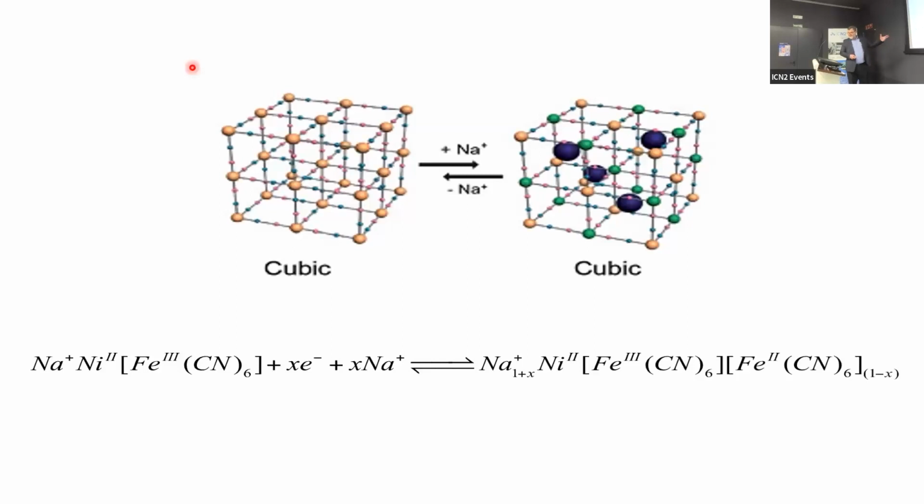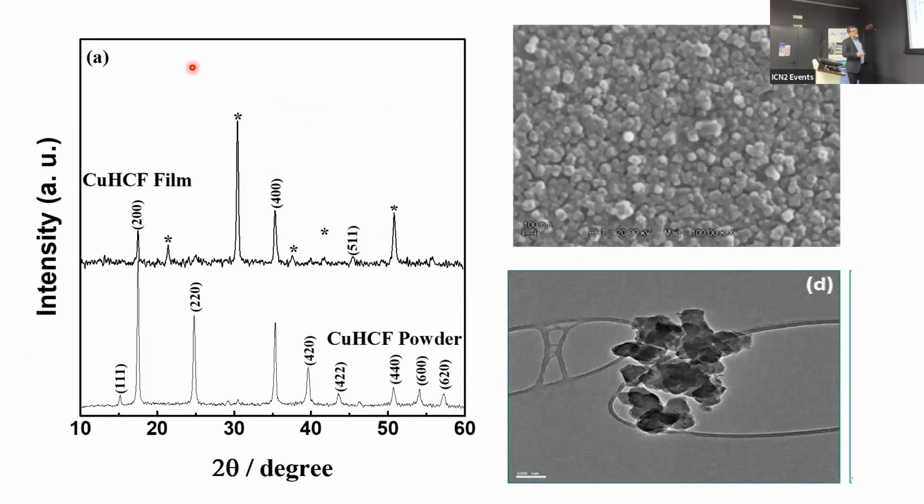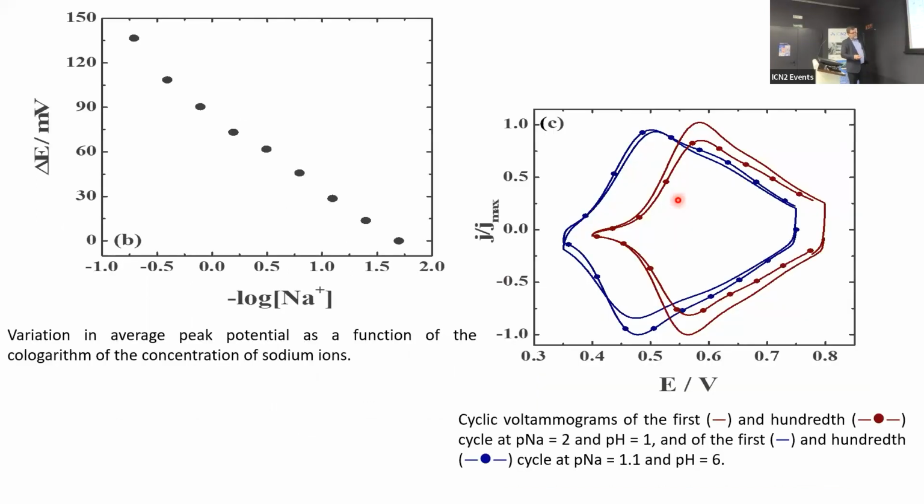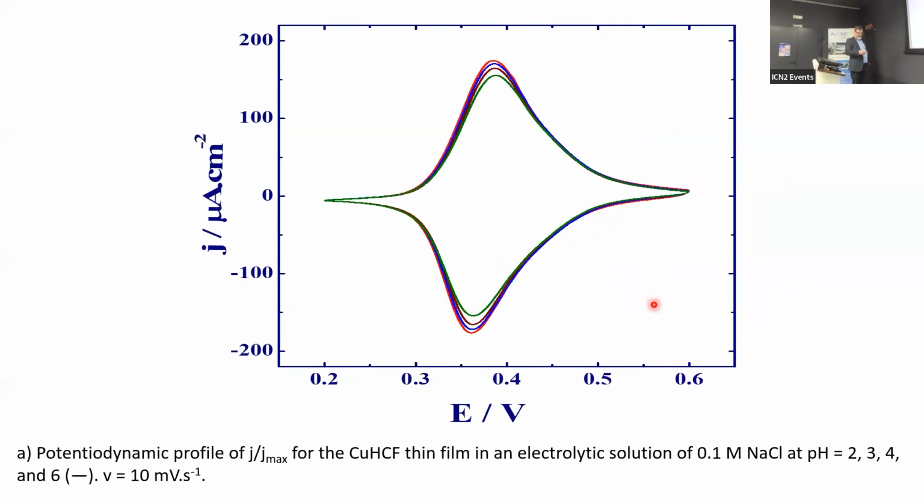And we have used the same concepts for the Prussian blue analog. And here we can observe the porosity for this electrode. And we can observe the dependence of potential as a function of sodium concentration, because in this case, there is participation of cations to increase the energy after the electrochemical cycle.